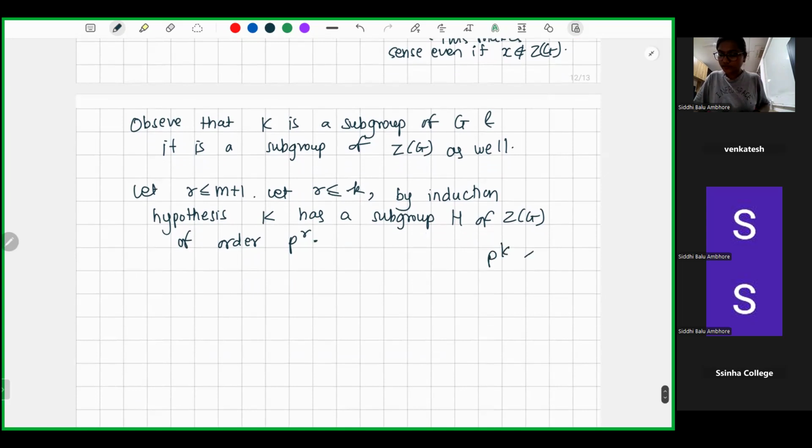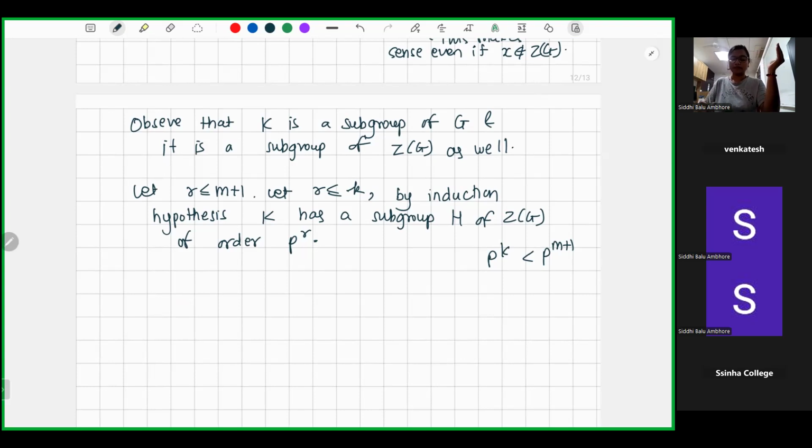Again we are in a situation of this kind. So this is a proper subgroup, and this Z(G) is of order p^r. So I'm getting subgroups of order p^r up to this k.